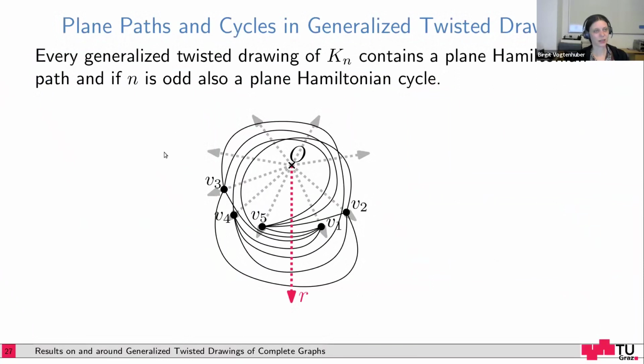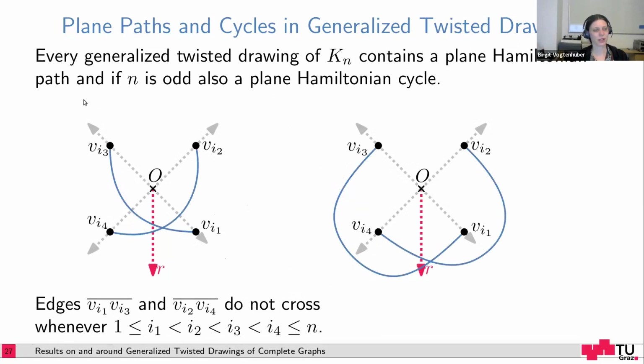If we have a generalized twisted drawing of the complete graph, then we can show that it contains a plane Hamiltonian path, and if n is odd, also a plane Hamiltonian cycle. The main proof ingredient here is that for generalized twisted drawings, we know that if we have edges of alternating indices, like these two drawings here, then those edges cannot cross as they are drawn here.